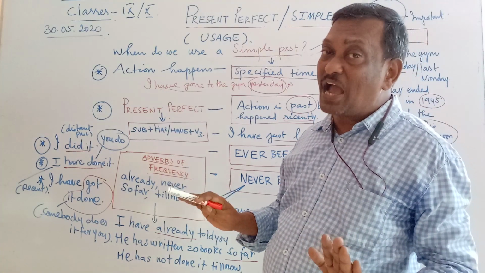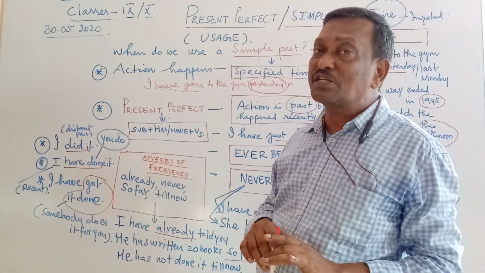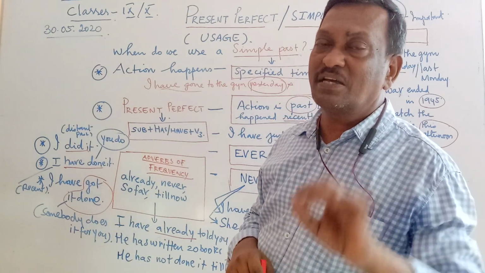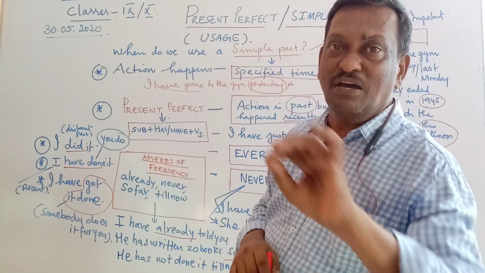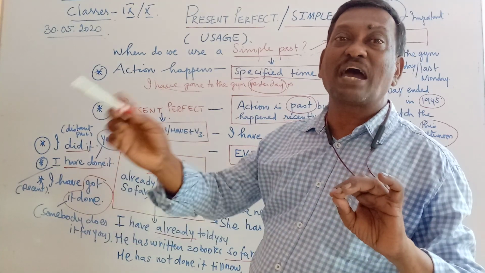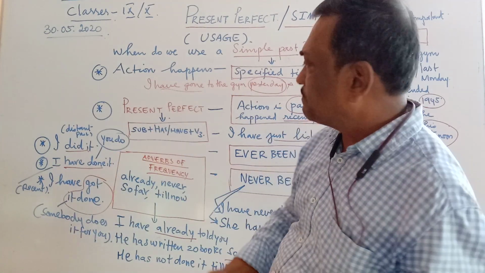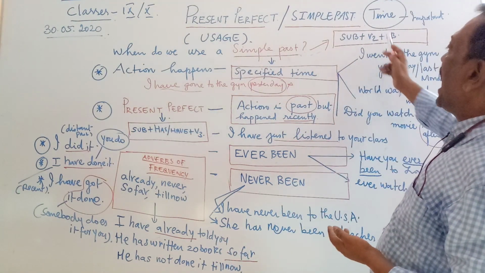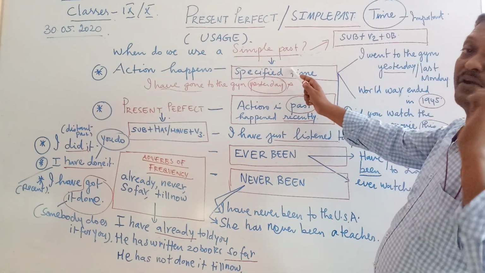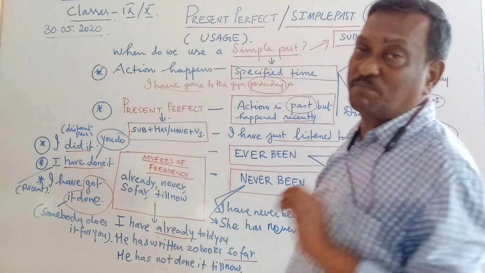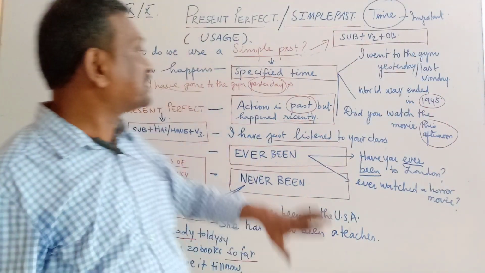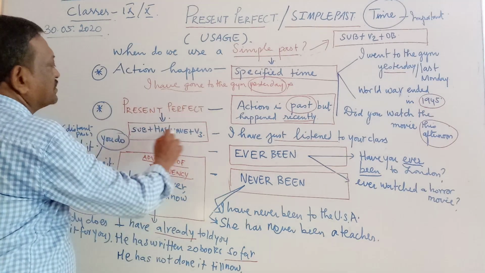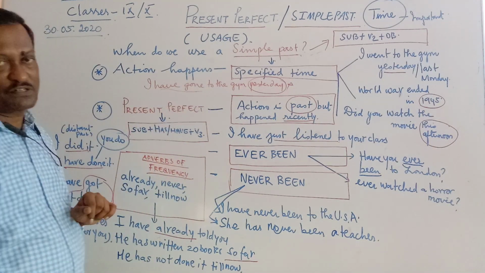But I cannot say I have completed my homework or assignment yesterday. Here the sentence becomes wrong because the time adverb has been wrongly used. So for simple past, you use the V2 and we use it with a specified time. This is simple past.